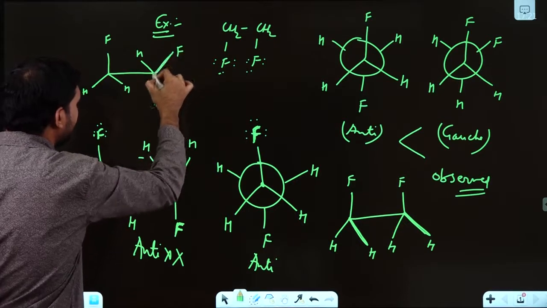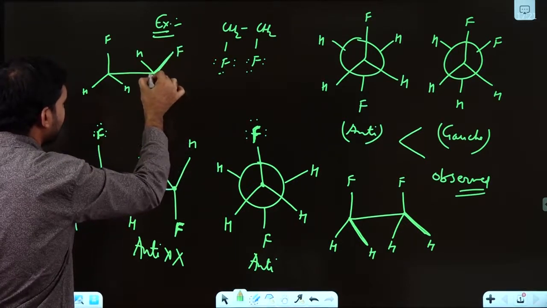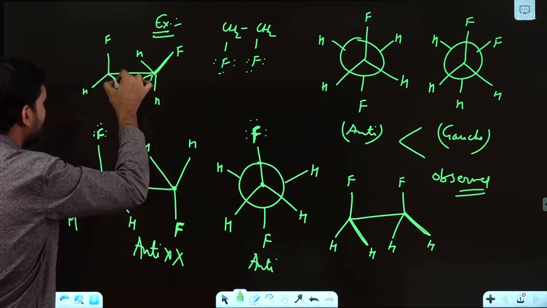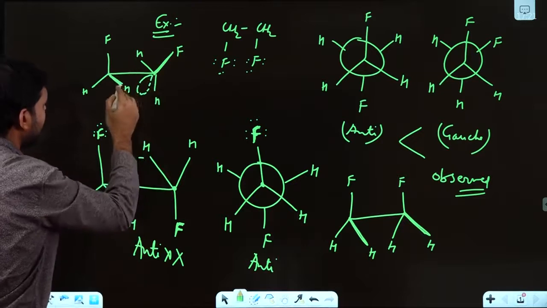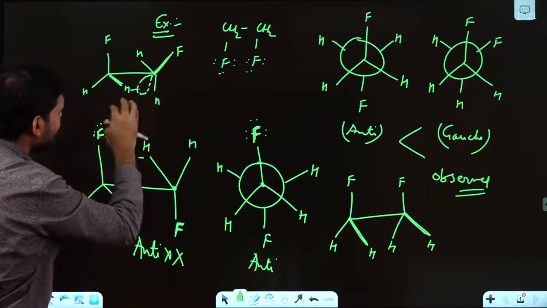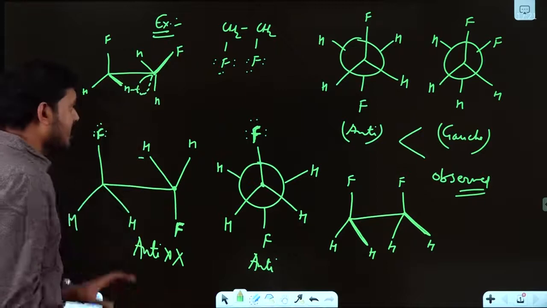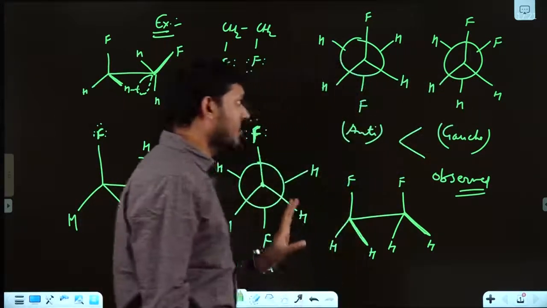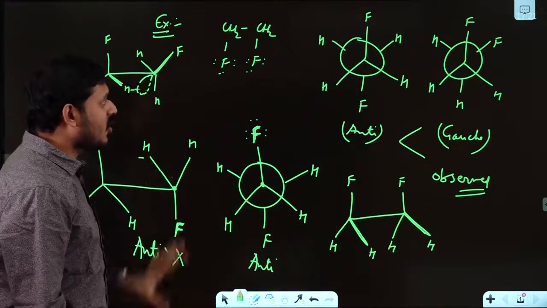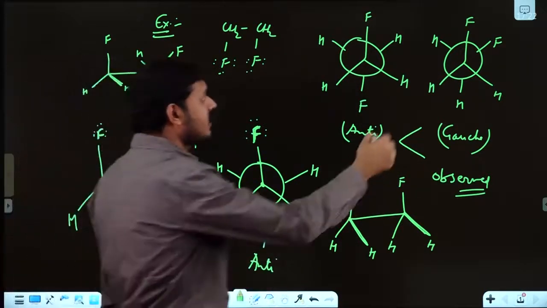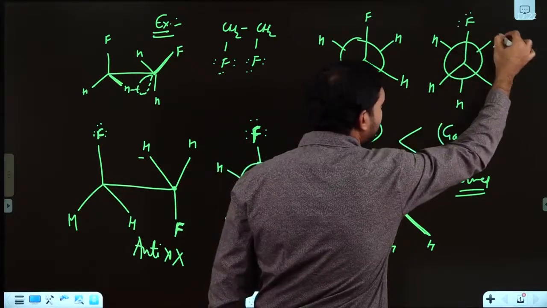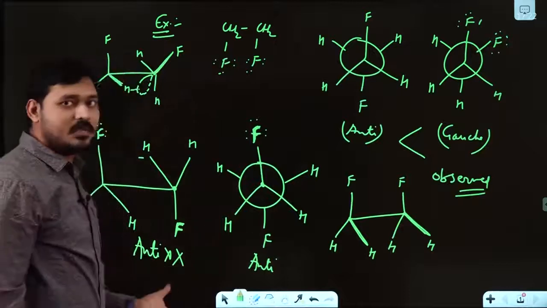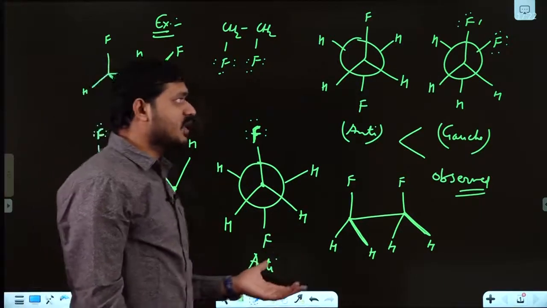So this carbon-fluorine bond is having some sort of anti-bonding orbital this side, and the electron pair of this C-H bond may partially shift towards this side. So that may be a possibility due to which gauge form here is observed as more stable than anti-form. Okay, so this is simply your gauge effect, which says that in case of fluorine, gauge form is more stable than anti-form. Now if I talk about eclipsed, then simply partially eclipsed is more stable than fully eclipsed.